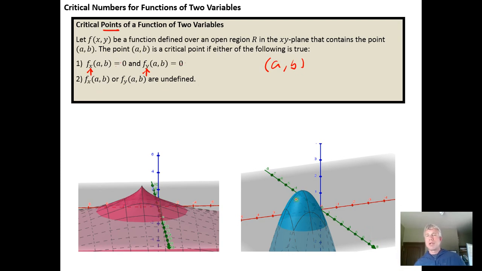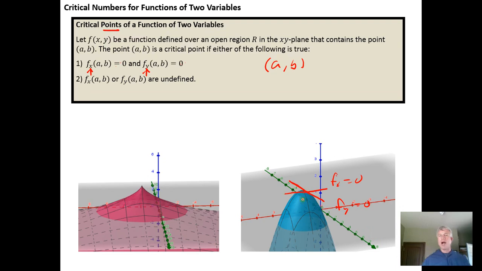So for example here, what you notice is that I do have a maximum right here, but the tangent line with respect to the x-axis is 0 right there, and the tangent line at that point with respect to the y-axis is also 0.